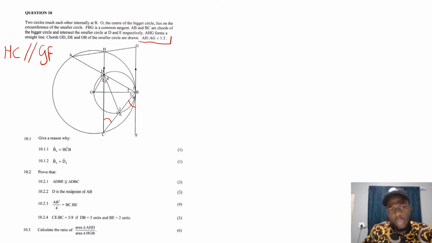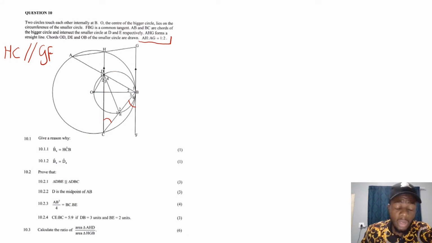So always when you are given parallel lines, you must think about three things. In Euclidean geometry, we think about corresponding angles, alternate angles, and also co-interior angles. But in analytical geometry, you can talk about the gradient, because parallel lines have the same gradient. We apply those rules in analytical geometry, because in Euclidean geometry, you will not be asked to calculate a gradient.